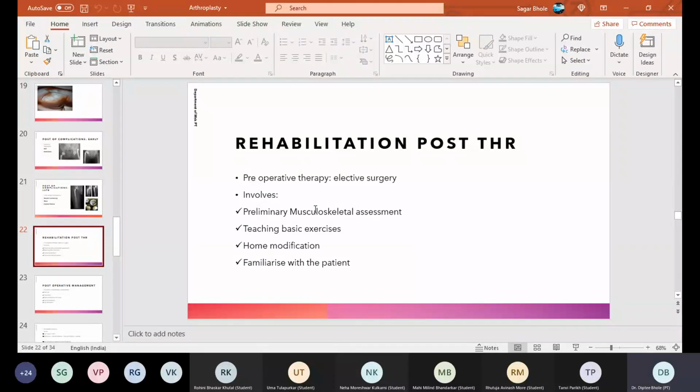Okay, another very important aspect of this preoperative therapy is getting familiar with the patient, and the patient getting familiar with you. So if you are going to be the therapist approaching them even post the surgery, it helps if this rapport is built up previously.